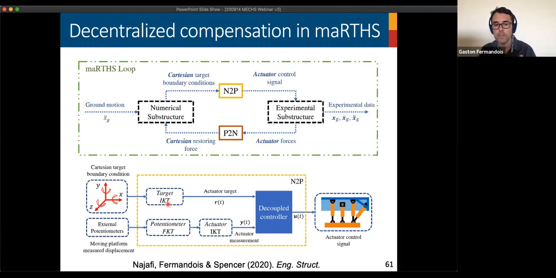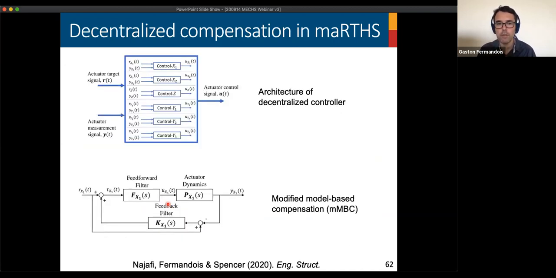And using those external potentiometers, we tried to predict the best extension of the actuator to design the feedback regulator of that particular actuator. The details are presented in the paper, but basically this is the idea. We command signals in Cartesian space, in actuator space, and for each actuator we have a controller where we want to minimize the error between the measured signal of the actuator and the desired signal for each actuator.